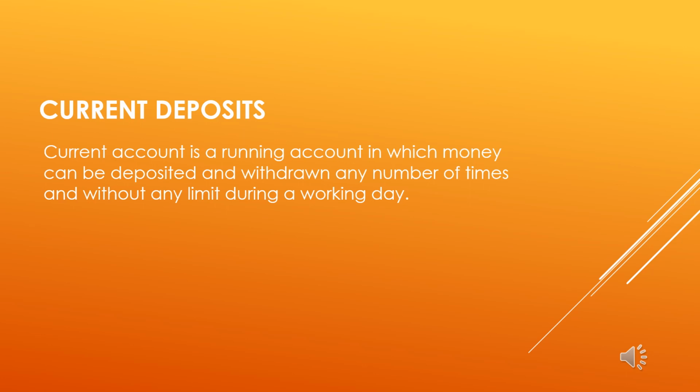You will be familiar with OD, right? OD facility means providing a provision to depositors to take an amount beyond the limit they maintain in their account. So overdraft facilities are given in case of current accounts. Finally, loans and advances granted to current account holders are not paid in cash but are credited directly to their current accounts. So these are the features of current deposits.